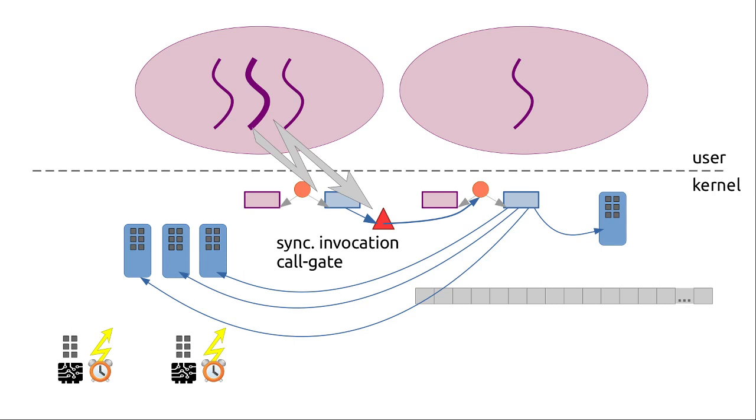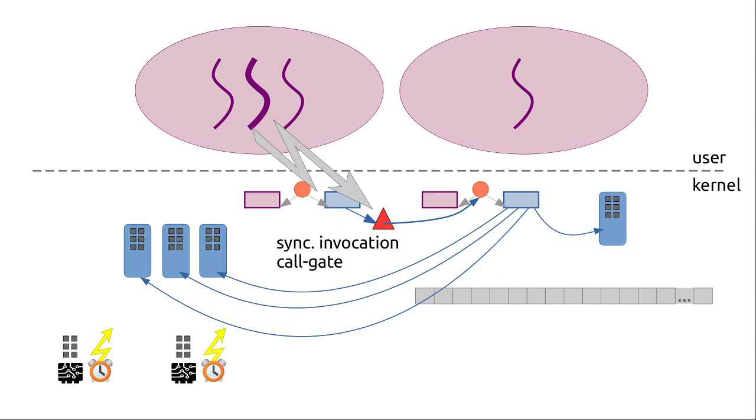Every call gate references another component, and not shown here, specifies an entry instruction pointer to actually start executing into that component that will be executed. So in this case, the component on the left, the thread is asking to execute some sort of a function in the component on the right as specified by that synchronous invocation call gate.